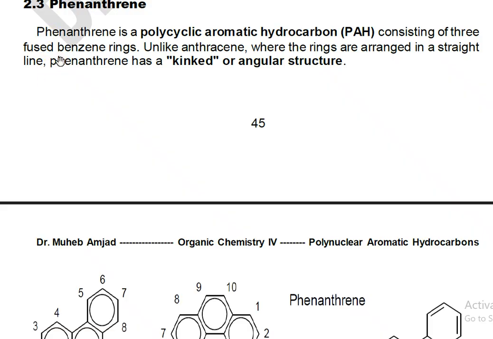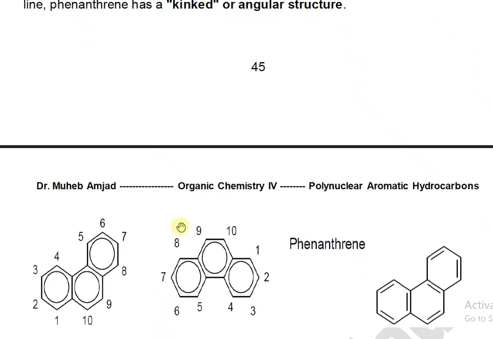So phenanthrene is a polycyclic aromatic hydrocarbon consisting of 3 fused benzene rings. Unlike anthracene, where the rings are arranged in a straight line, phenanthrene has an angular structure. Angular, we have an angle here. It is not straight, not linear.